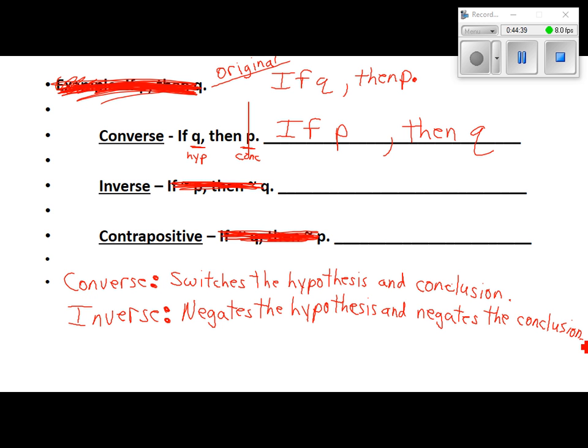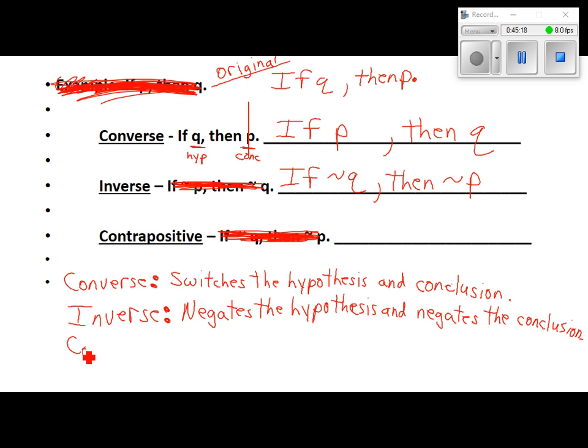So if my hypothesis is "it is raining," and I stick "not" in there, it says "it is not raining." So if my original statement is if Q then P, the inverse is if not Q, then not P. That's all the inverse does. It leaves it in the same order and just negates both parts.